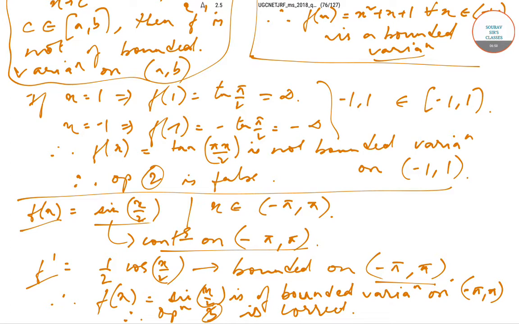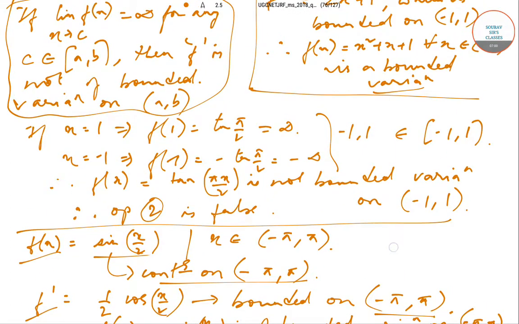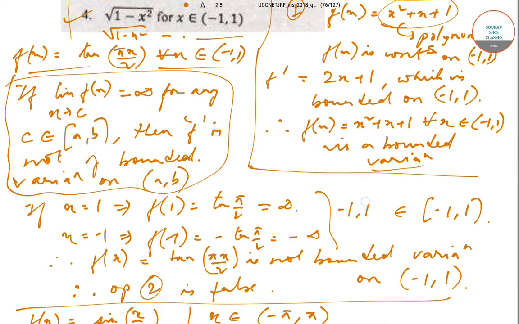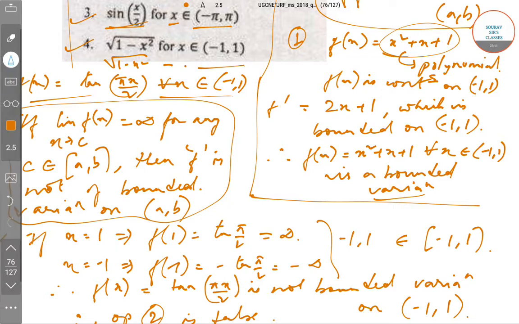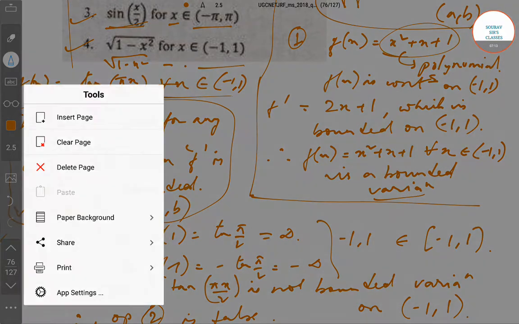Now we'll shift our focus to option 4. In option 4 we have been given that f of x is equal to root over 1 minus x square for x belonging to minus 1 to 1. So let me insert another page over here to solve this very problem.